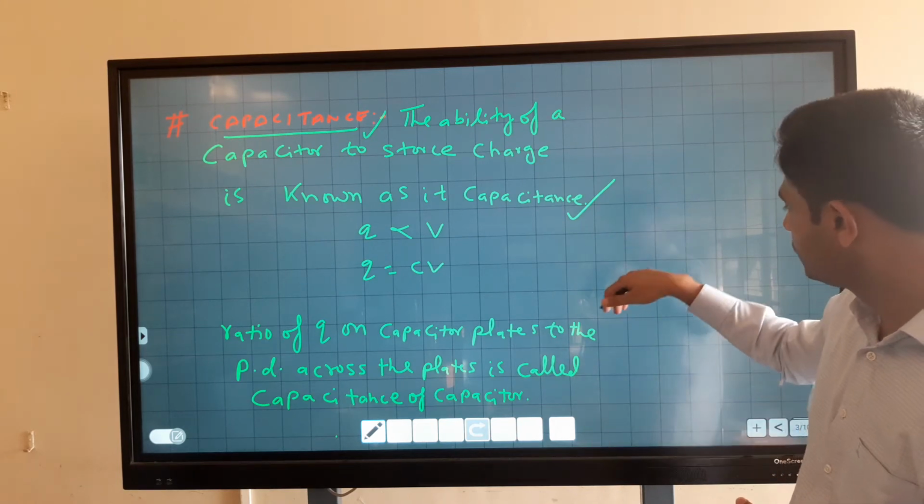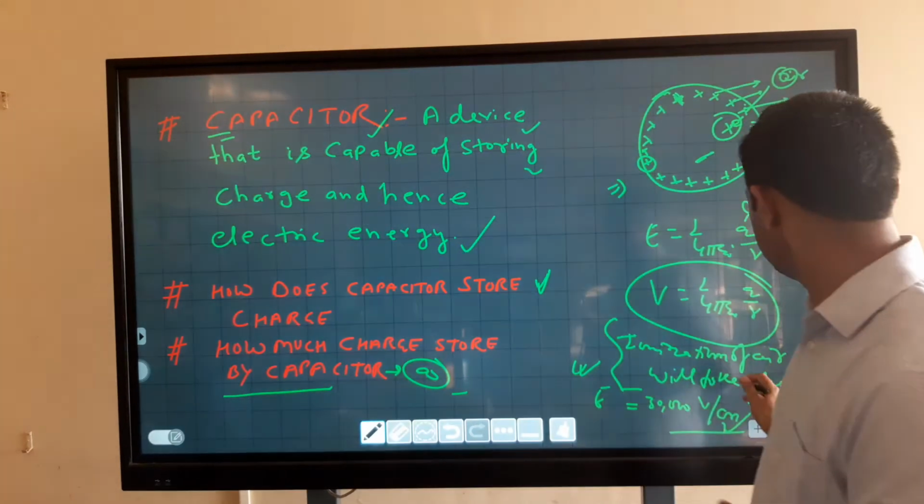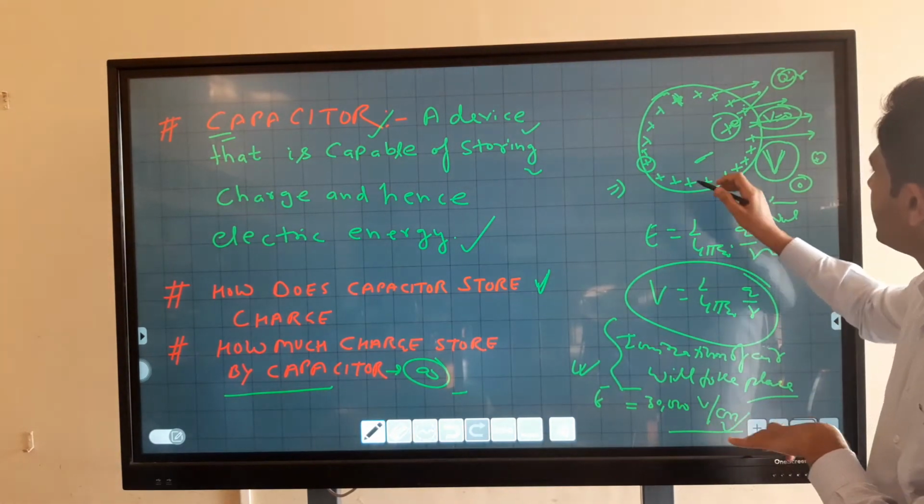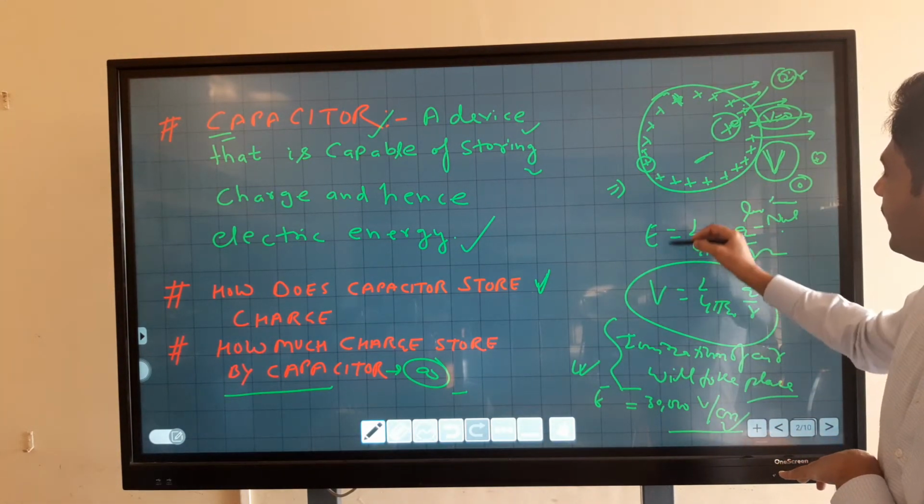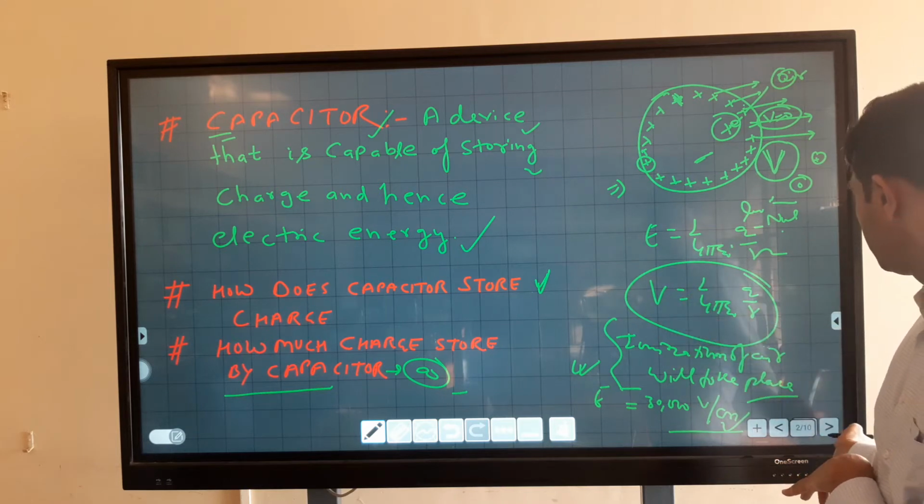As you saw in the example, when charge increases, voltage and electric field also increase.